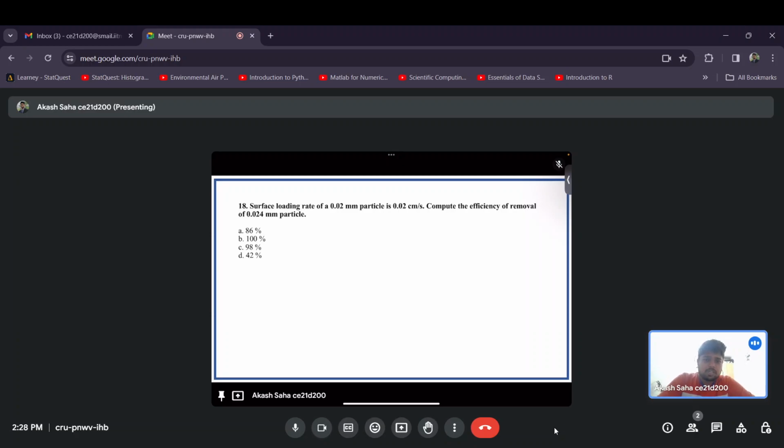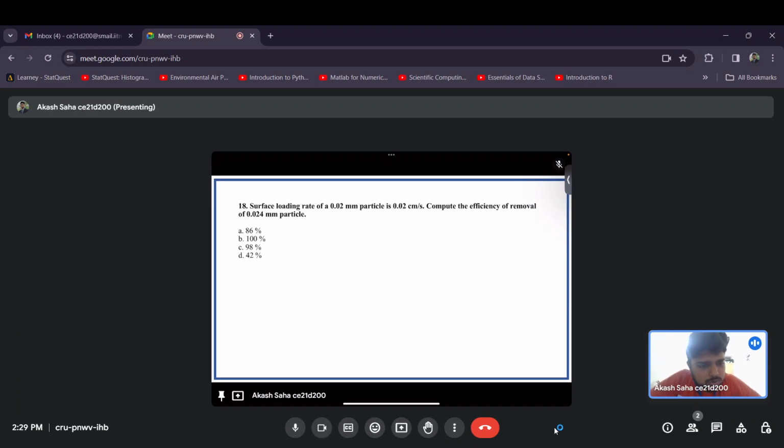Now compute the efficiency of removal of a particle of size 0.024 millimeter. What will be my efficiency for a 0.024 millimeter particle?